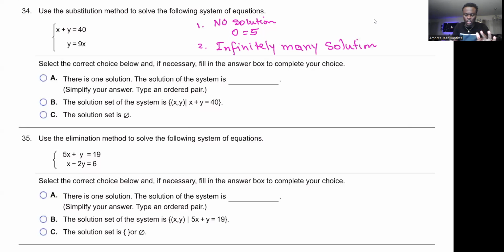If you have a case like 0 equals 0 or 5 equals 5, a statement that is always true, you have infinitely many solutions.